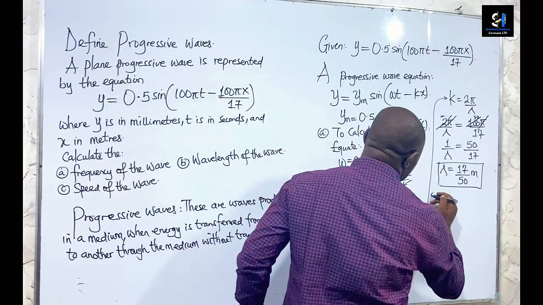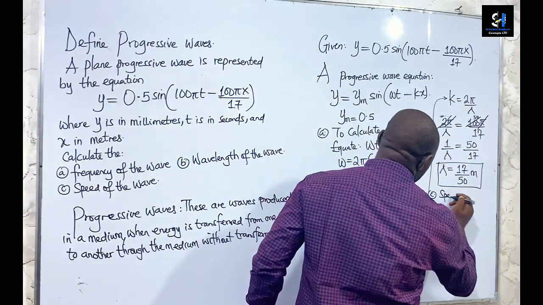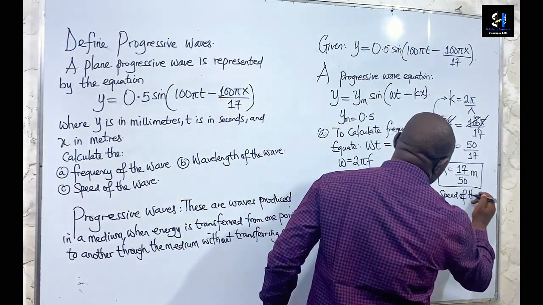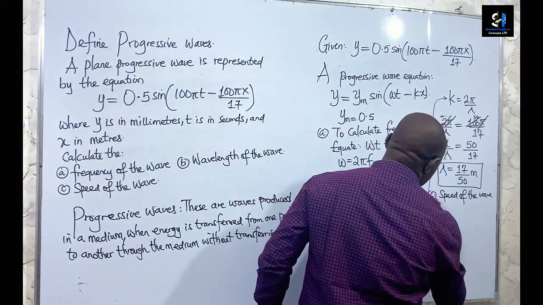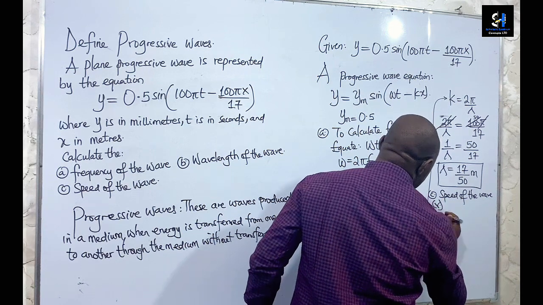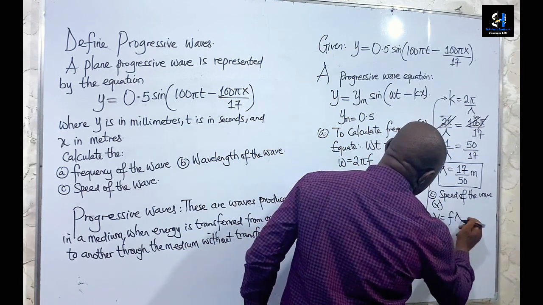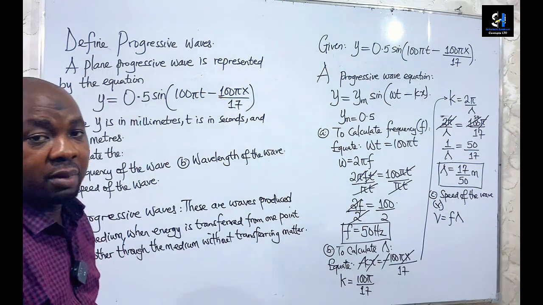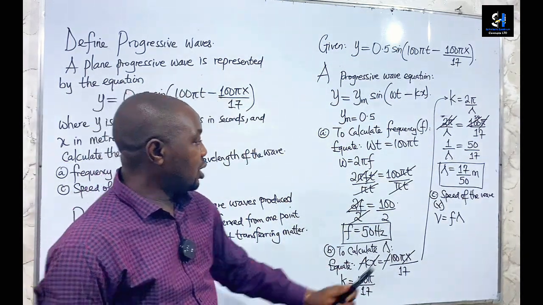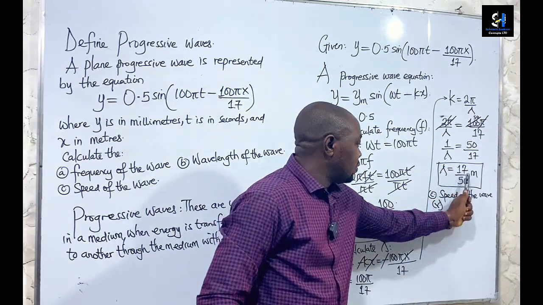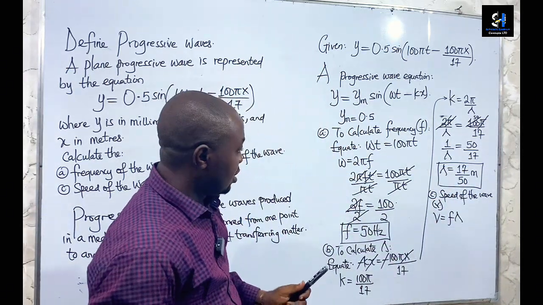Now the last question is for us to calculate the speed of the wave, which is v. The speed of the wave equals frequency multiplied by wavelength. We have the frequency to be 50 hertz, and the wavelength is 17 over 50 meters.